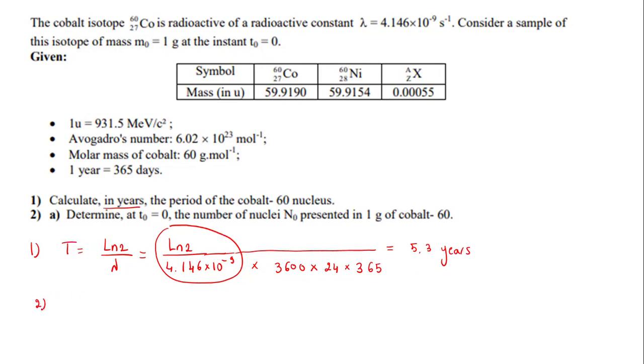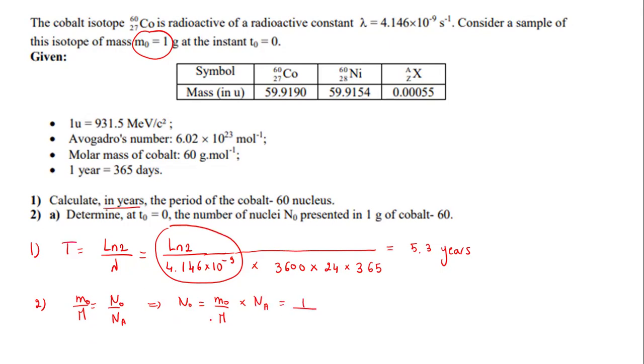Now, part 2, determine at t equal to 0 the number of nuclei present in 1 gram. To find the number, we have given the mass, so I need a relation between them. The relation is m over big M equals n over Avogadro's number. Since we have n0, this means m0. So the initial number of nuclei of cobalt equals m0 over big M times Na.